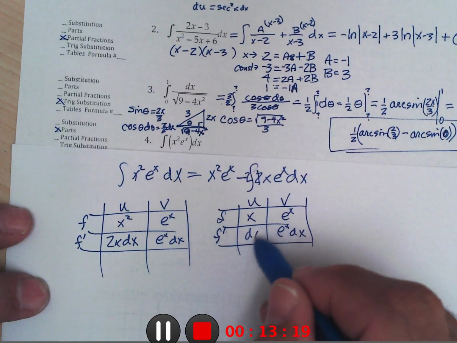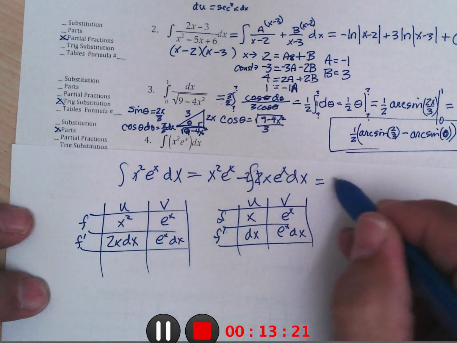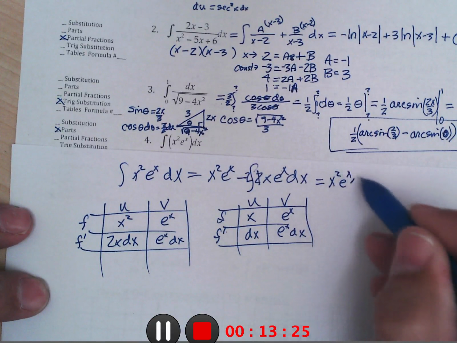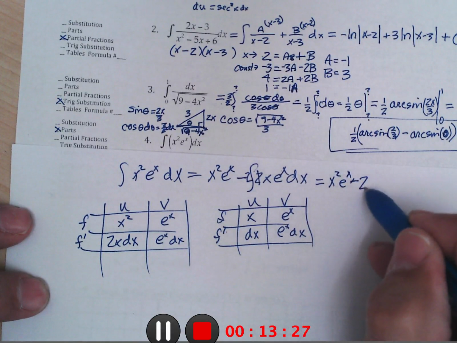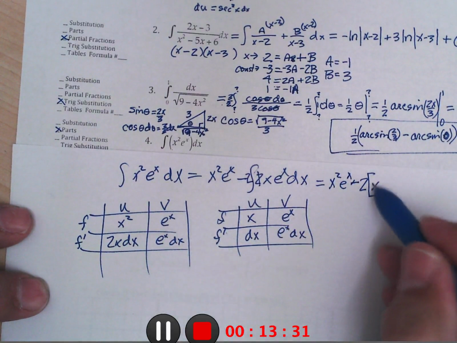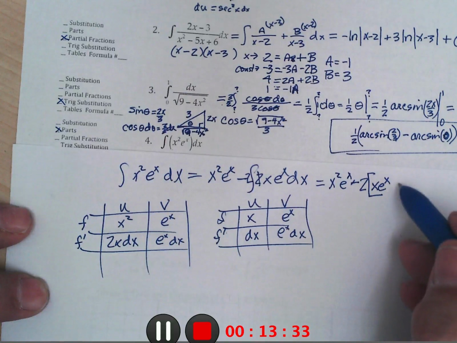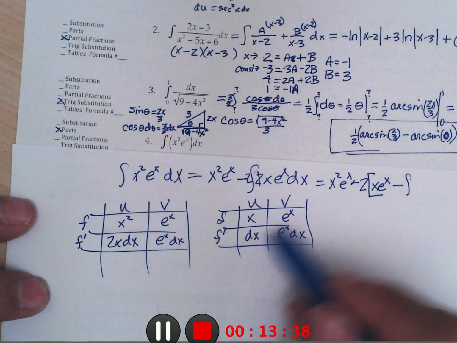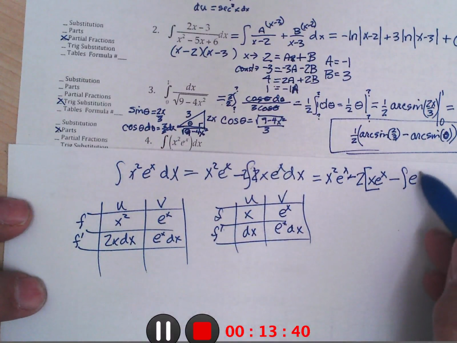So this becomes x squared e to the x minus 2 times everything I get here, and the uv is x e to the x minus the antiderivative of these two, which is e to the x dx.